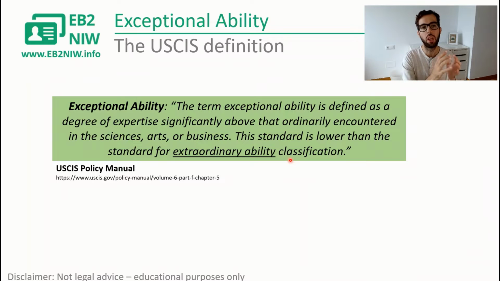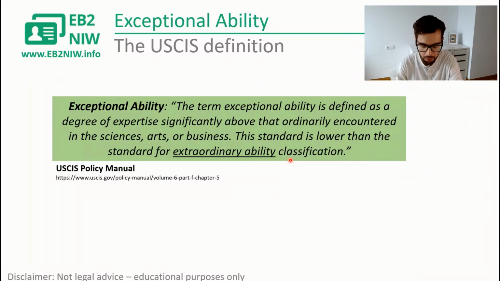We are talking now about EB2 NIW, but we also have EB1, the first category of employment-based. And here USCIS is saying something interesting for our everyday language. Maybe we don't differentiate between exceptional and extraordinary, but for USCIS, extraordinary is here on top, and then a little bit lower than that is exceptional.